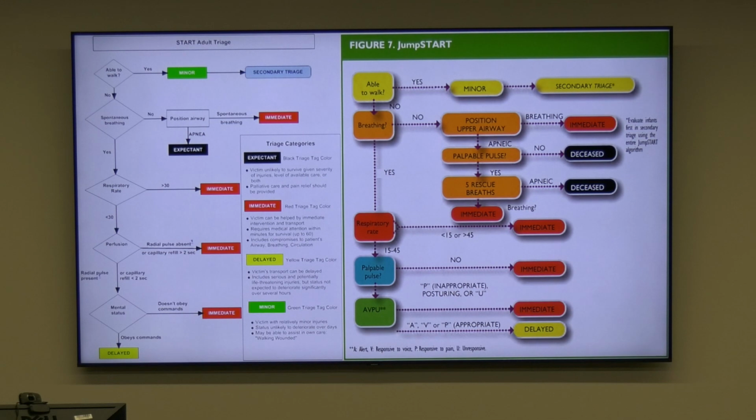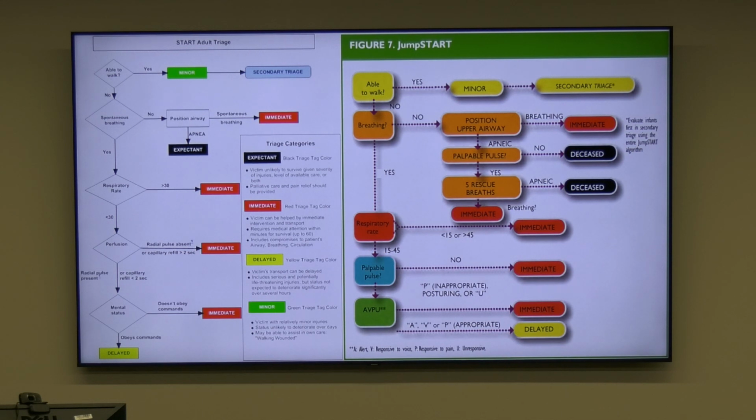So, is a patient able to walk? When you walk up to a patient and start assessing them, are they able to walk? If they are able to walk, then in a disaster situation, they are considered minor and they will go directly to secondary triage. If they are not able to walk, are they having spontaneous breathing?